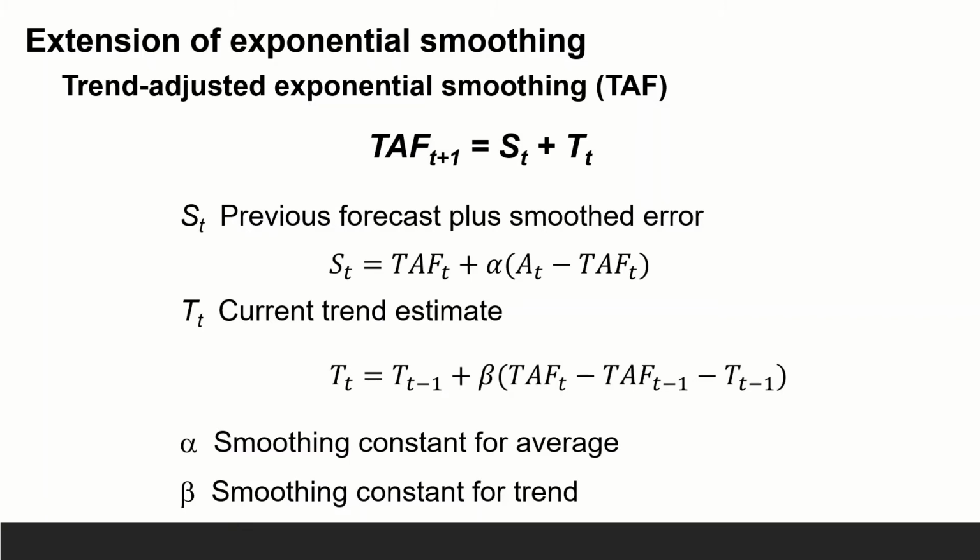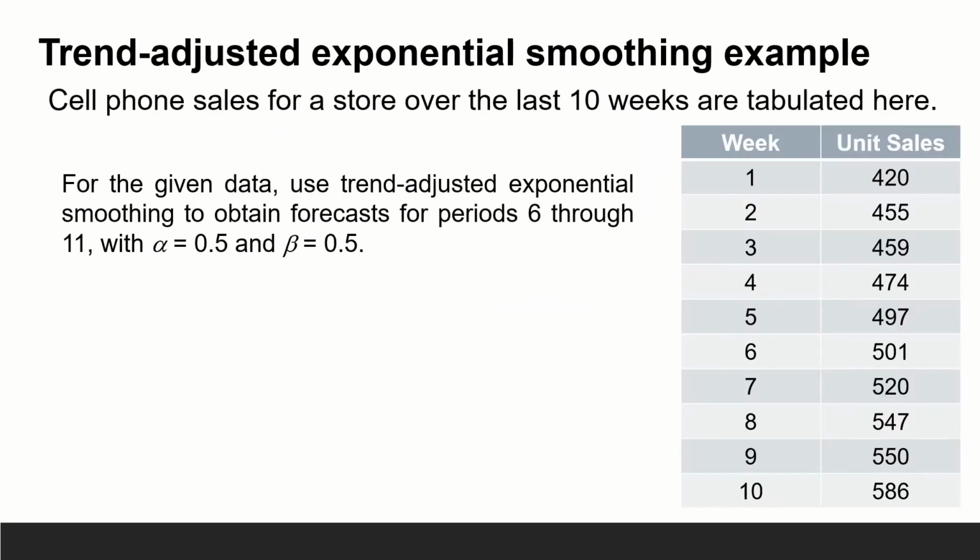Example for the trend-adjusted exponential smoothing. Using the cell phone data from the previous example, use trend-adjusted exponential smoothing to obtain forecasts for periods 6 through 11, with alpha equals 0.5 and beta equals 0.5. Well, the first required forecast is TAF6.